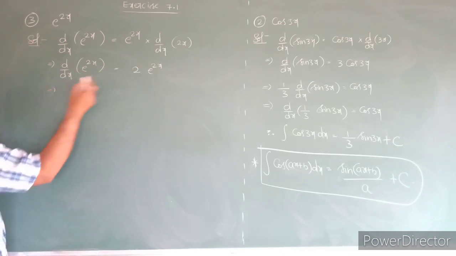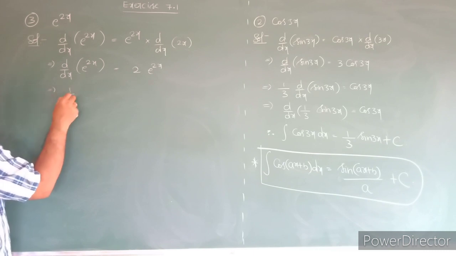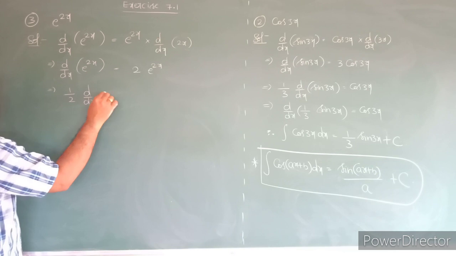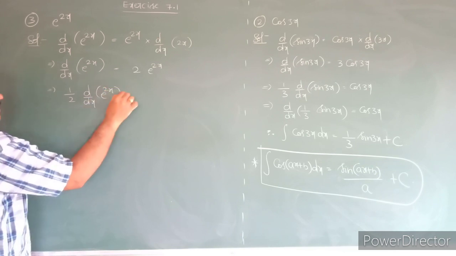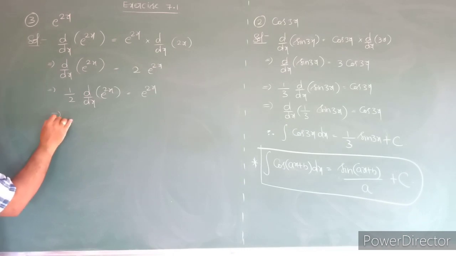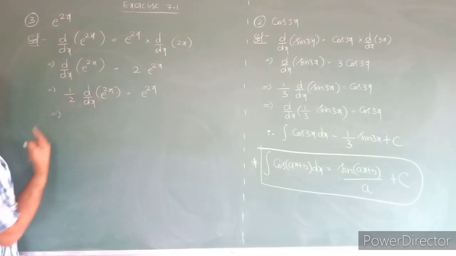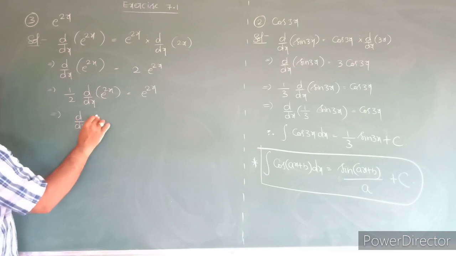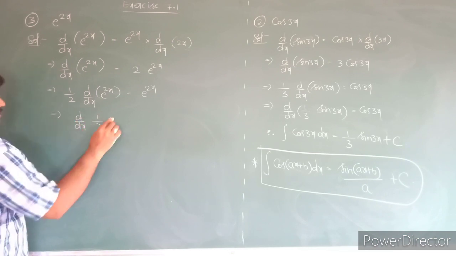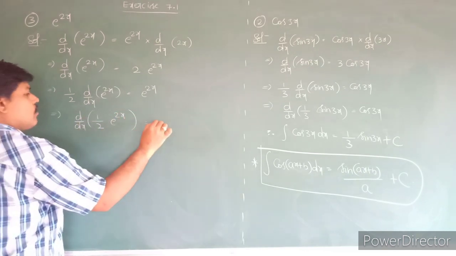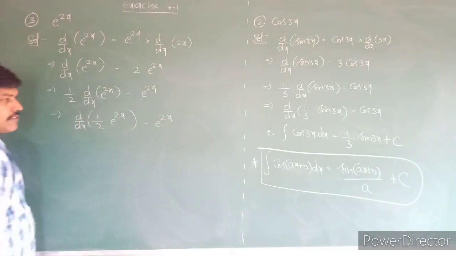So take this 2 to this side, and you will get 1 by 2 into the derivative of e power 2x is equal to e power 2x. Taking this 1 by 2 inside, the derivative of 1 by 2 into e power 2x is equal to e power 2x.